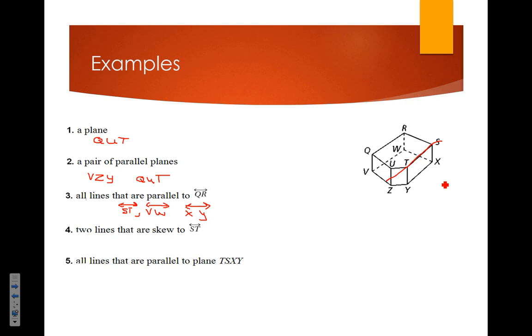Skew means they're never going to intersect, so they're in different planes. So like WX would be skew to that. QV would be skew to that. So 2 lines skew would be UV and WX.